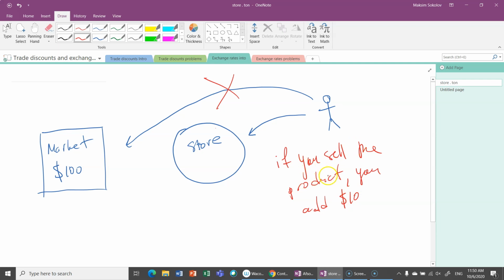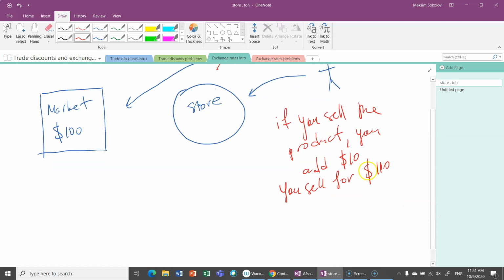So if you sell the product, you add $10. So you sell for $110. It's very important to note that when you sell, you add $10.